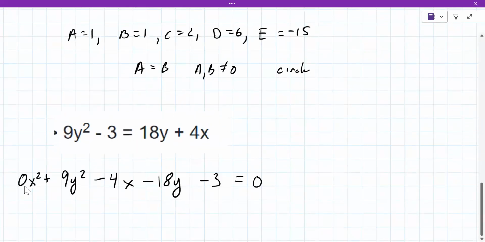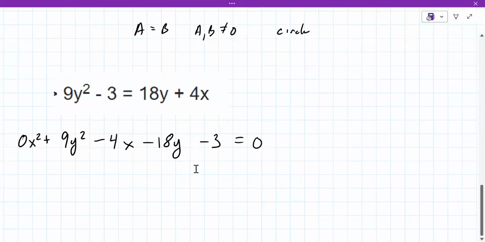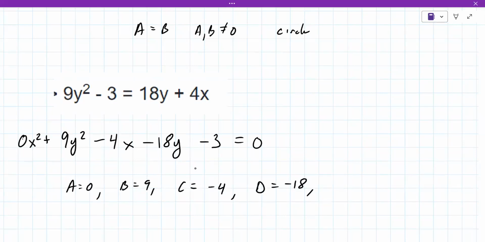It's got to be in that order. So we can write a equals 0, b equals 9, c equals minus 4, d equals minus 18, and e equals minus 3.